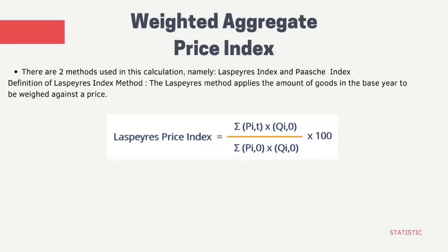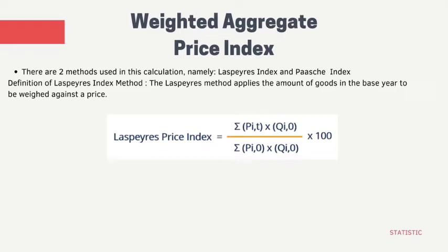The Laspeyres price index formula is equal to sigma of (P sub i,t) times (Q sub i,0) divided by sigma of (P sub i,0) times (Q sub i,0), times 100.